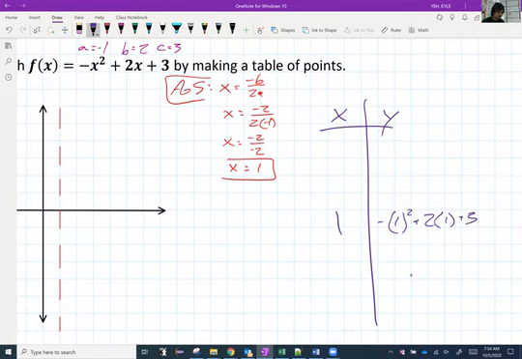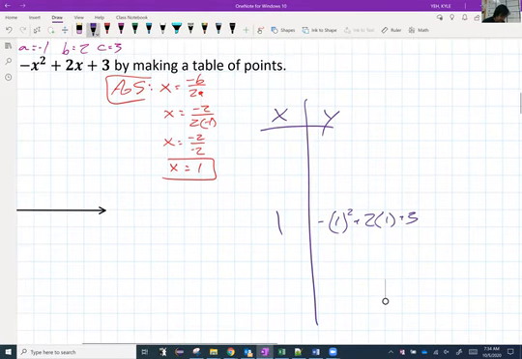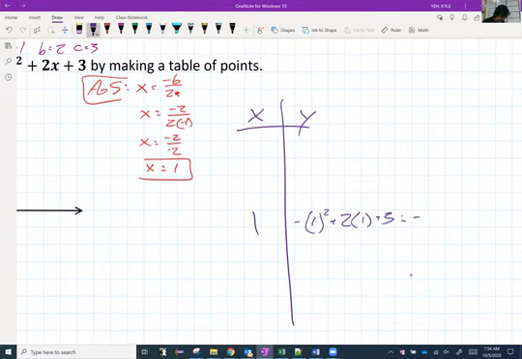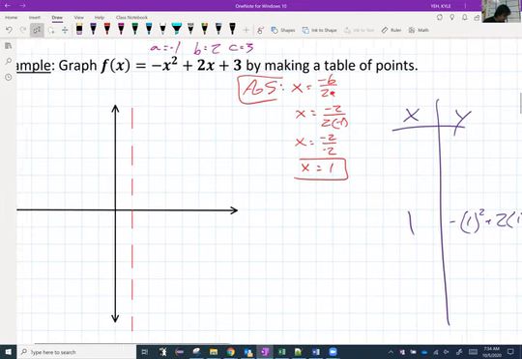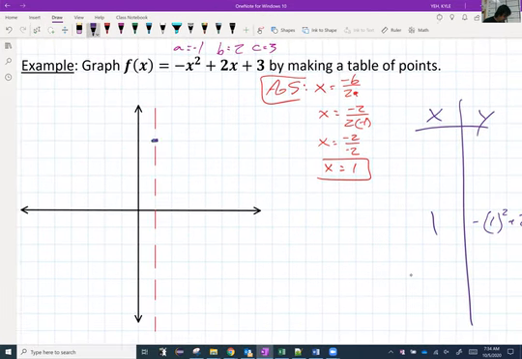So negative, but we got to do the 1 squared first. So 1 squared is 1. So negative 1 plus 2 plus 3. So negative 1 plus 5 looks like 4. So 1 comma 4 this time is my vertex. So I'm going to label that 1 comma 4.